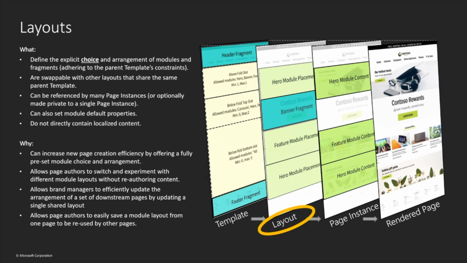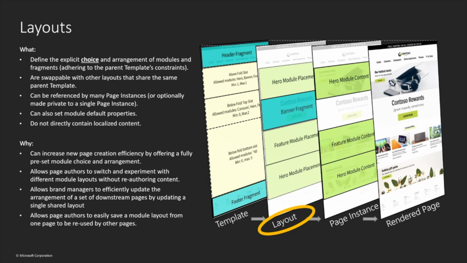The other thing to understand here is that when you use layouts well, they can really increase page efficiency, because we do allow you to create pages directly from a template. When you do that, you're still choosing among all the different module options that might be available.